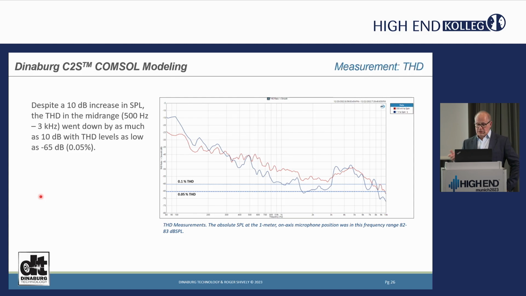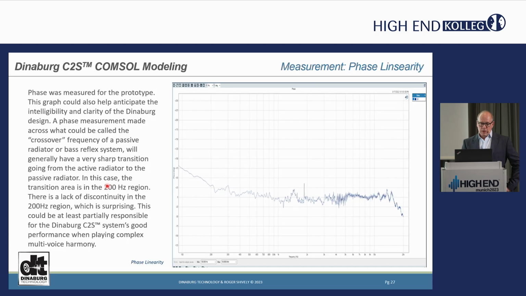Another aspect of the actual realized prototype is that, despite this 10 dB increase in SPL, the THD between 500 and 3K went down by as much as 10 dB. In the measurement, the THD levels are as low as minus 65 dB, which is about 0.05%. And then also, quickly, the phase linearity.